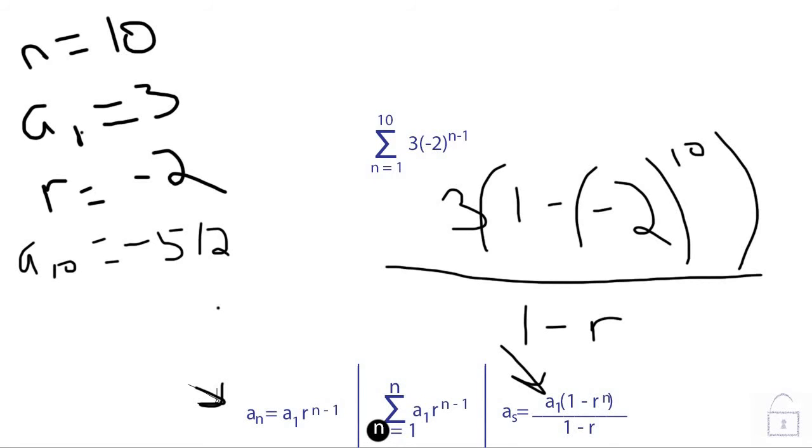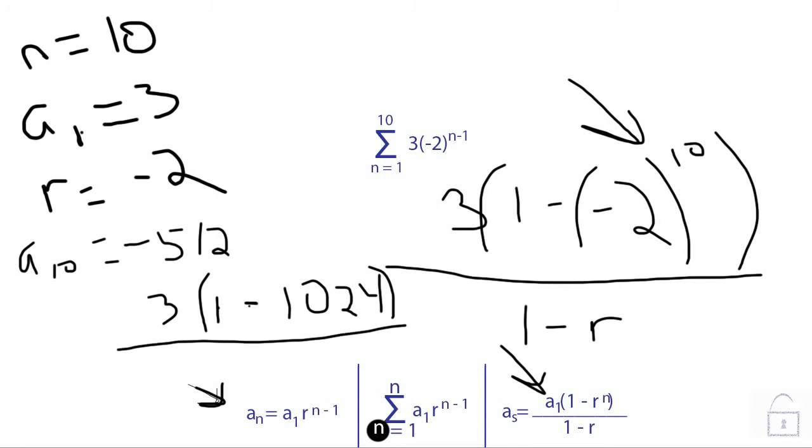Be careful again with these parentheses, or you could end up with a wrong value. Cleaning this up a bit, -2 to the 10th power is equal to positive 1024. So we have 3 times 1 minus 1024, over 1 minus this r value, which is -2, so we get positive 3 on the bottom.